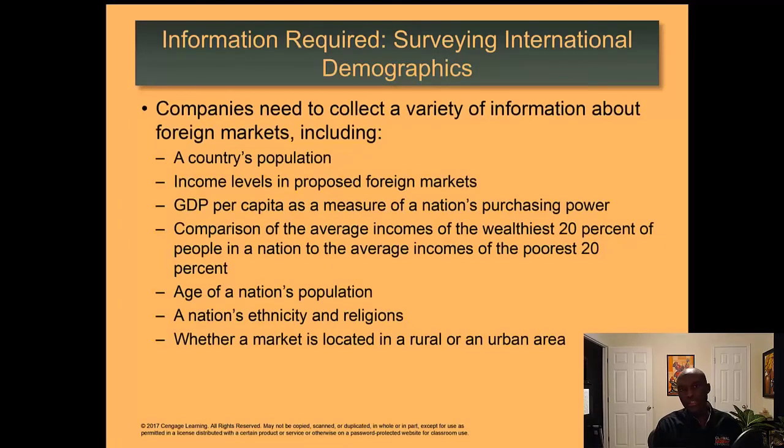So how do you make these decisions? Well, again, I mentioned that you look at the demographics. Here they talk about population, income levels, GDP per capita, which is GDP divided by the population. Now, what does that assume? It assumes that you have equal distribution, right?